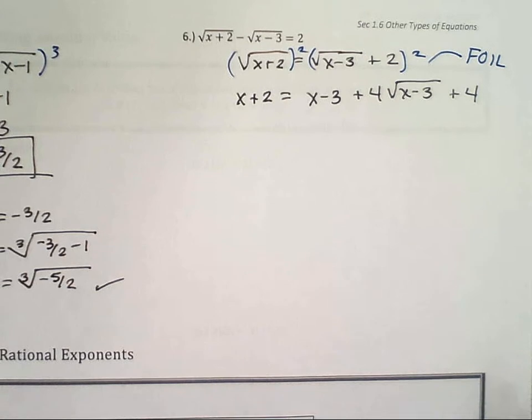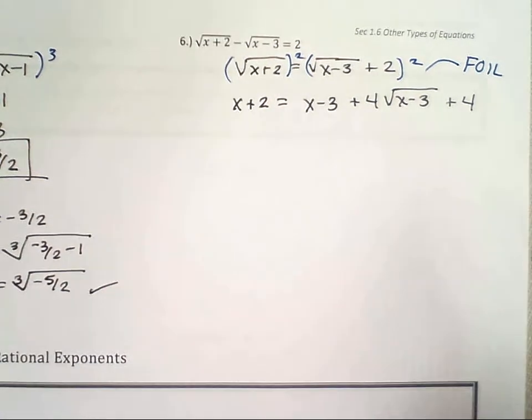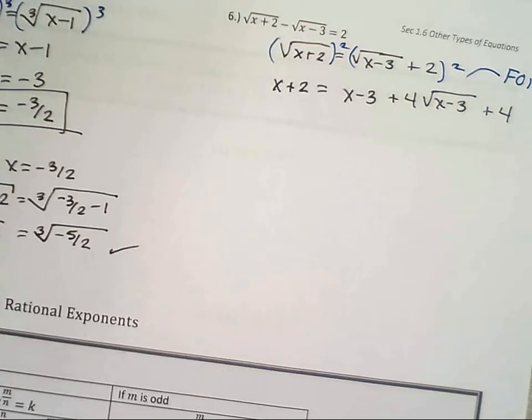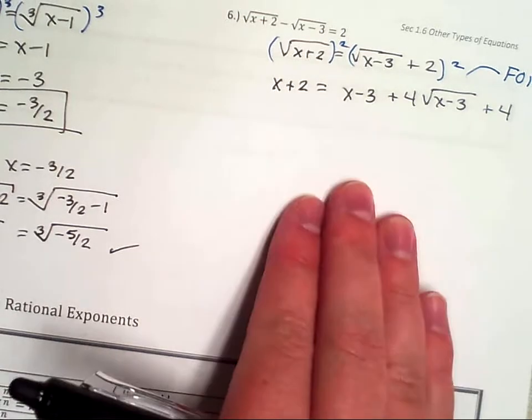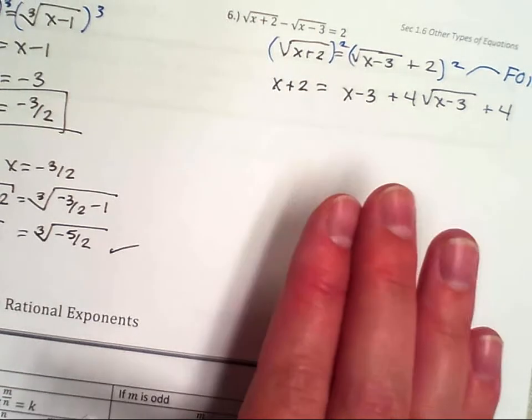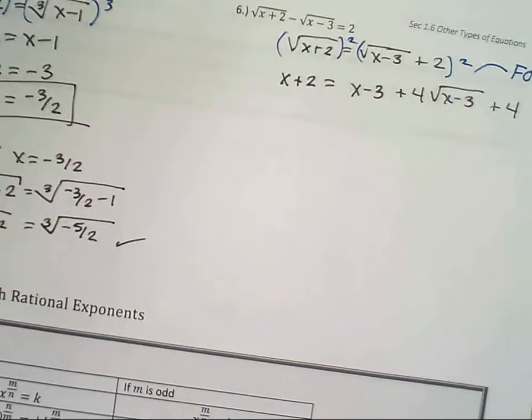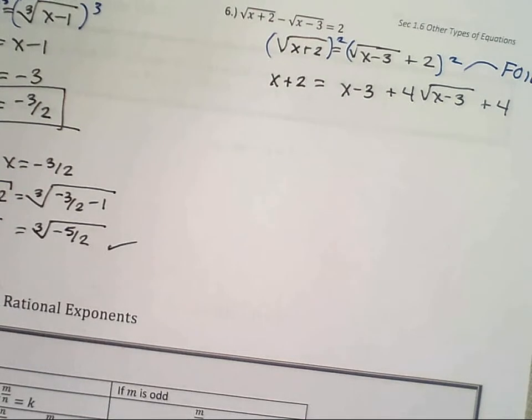I still have a radical. So if I'm trying to solve that, I need to isolate that radical, right? Even in the steps we said, step 3 says solve, but I might need to repeat step 1 and step 2. So that's a situation like this. I need to repeat step 1 and step 2. So I need to isolate the radical again, and then raise both sides to the whatever power.